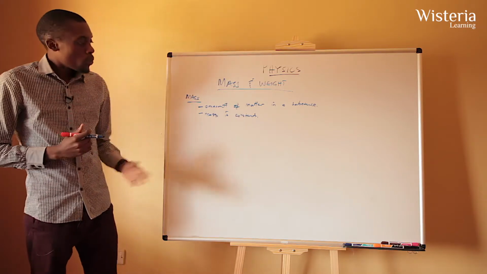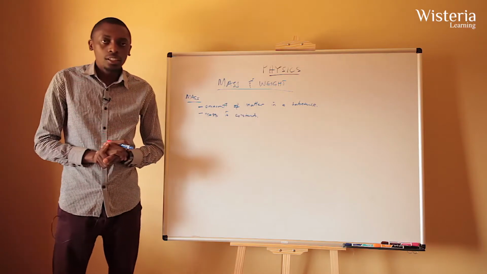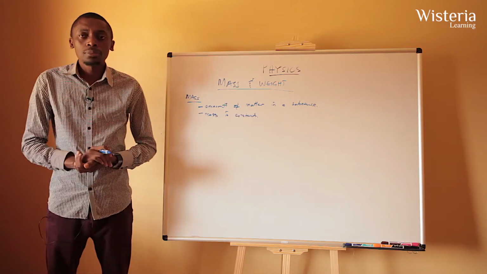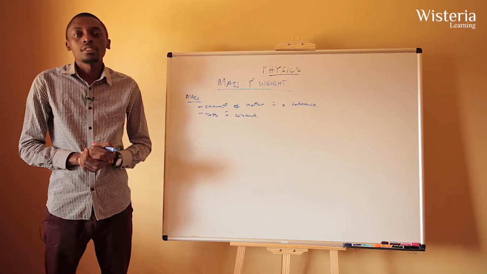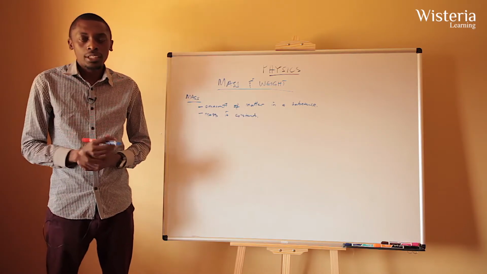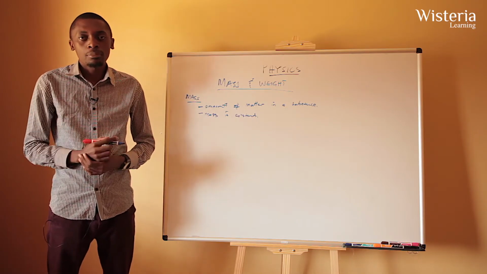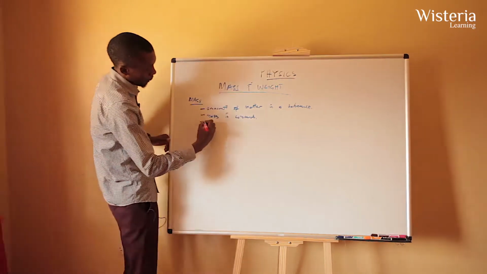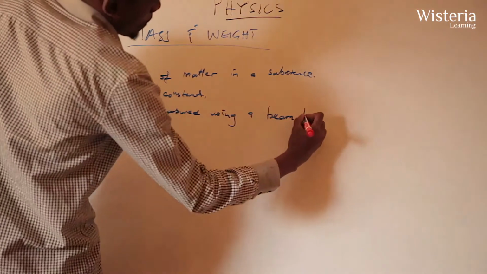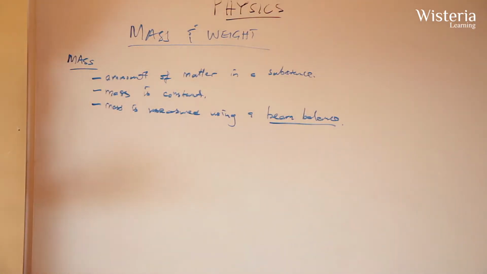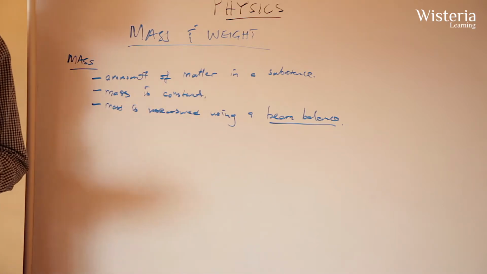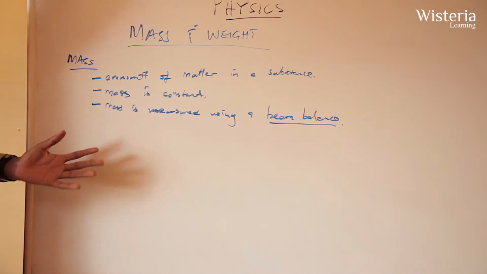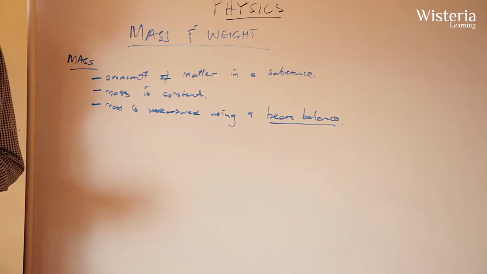So now we can measure this physical quantity mass using an instrument known as an electronic balance or simply a beam balance. We use a beam balance to measure the amount of matter in a substance. As you can see in our notes below, you are given what a beam balance looks like.